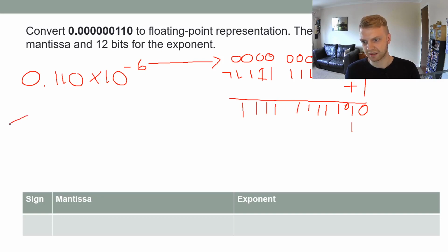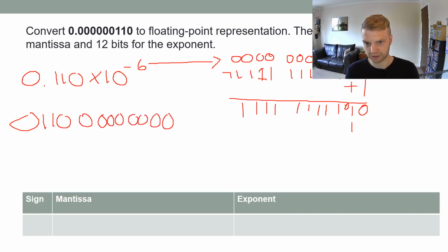For this side, we get 0, 1, 0, and now we've only got 12 bits to fill, so you don't have to do quite as many zeros, so we've got 8 more zeros to do. Times 2 to this. And there's your answer.